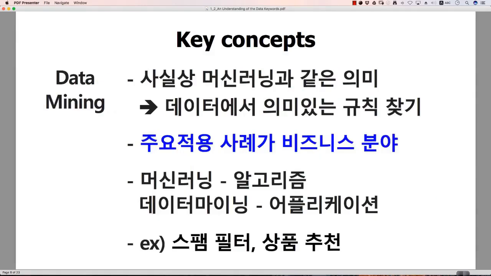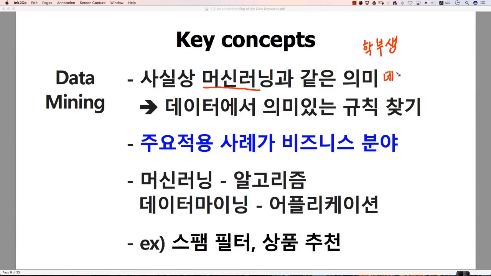Now, the next term you often hear is data mining. Actually, when I was younger, to be precise, when I was an undergraduate or a graduate student, since I studied business administration as an undergraduate and industrial engineering in graduate school, I am quite familiar with the term data mining. In fact, it is often used interchangeably with machine learning.